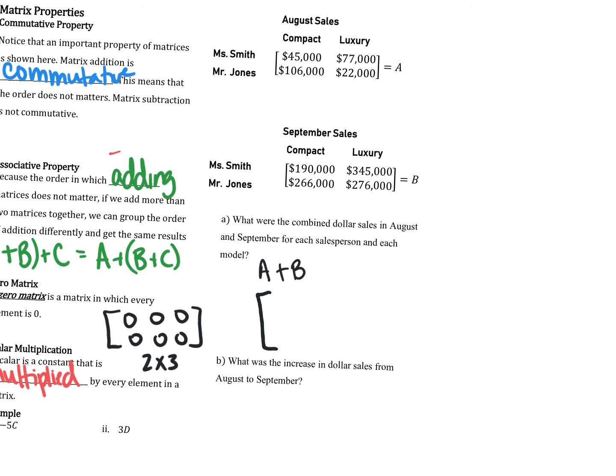I'm going to add up Mrs. Smith's compact sales. What was her compact sales? Yeah, for both of them. You add the combined. 45 plus 190. So $235,000. So her entire compact sales for the months of August and September was $235,000. How did I get that? I added up this element to this element right here, corresponding elements. I got that.